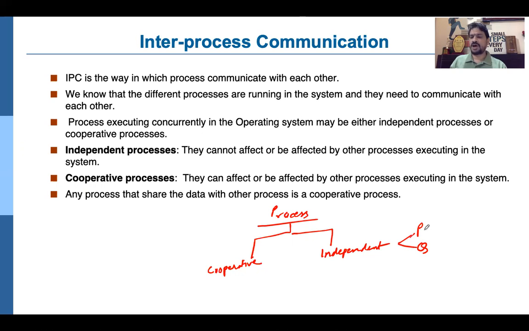Means the output that one process is producing will not affect the input of another process. If this is the case, then we can say that these two processes are independent of each other. Getting it? We may have different processes running in the system which are independent of each other. But there are many processes which are dependent on each other.